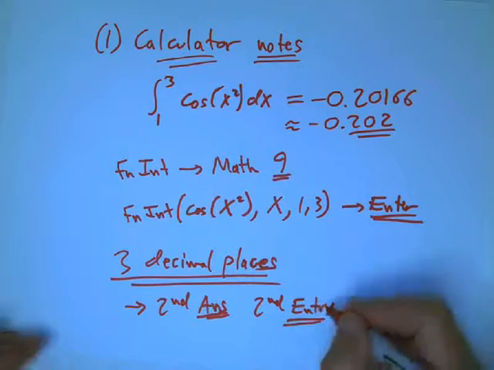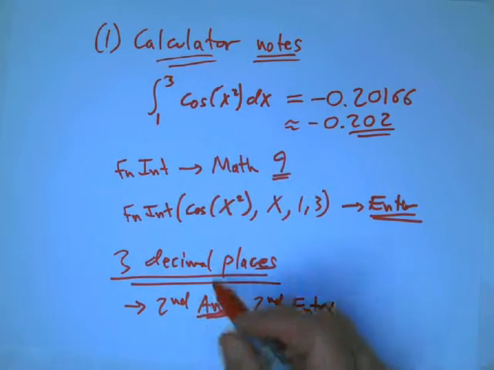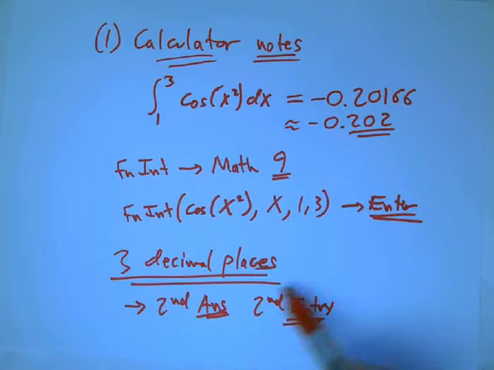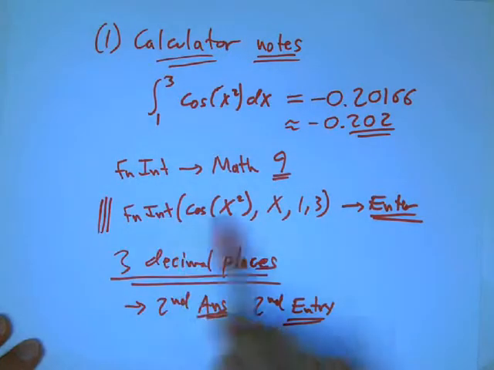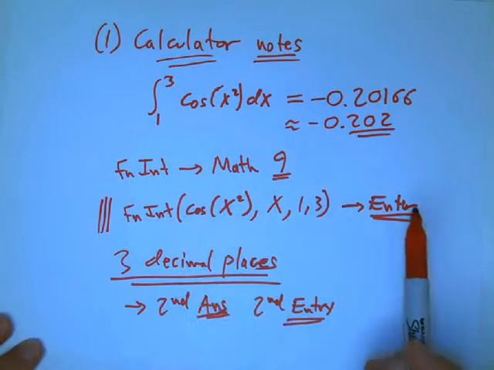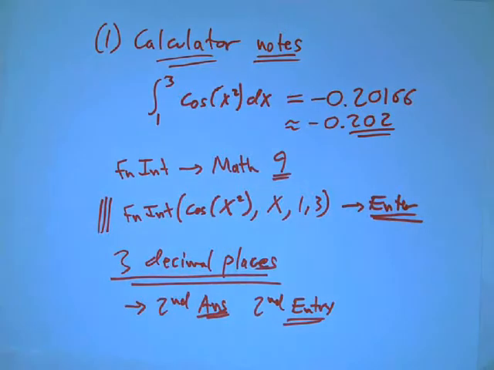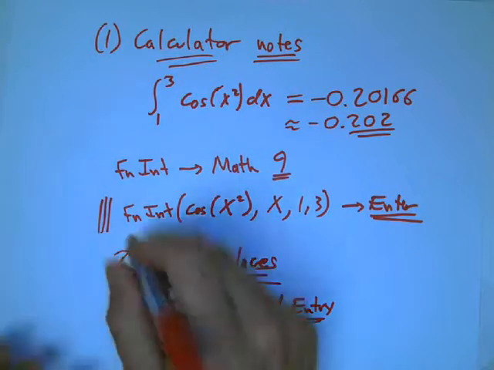It's a way to get what you just entered, if you want to repeat it or correct it, back on the screen. But your main thing there is this tool, fnInt, of a function. And that's going to be really crucial on the calculator part. You're not going to encounter an AP exam where you won't use this at some point on the calculator part, either multiple choice or especially in free response.